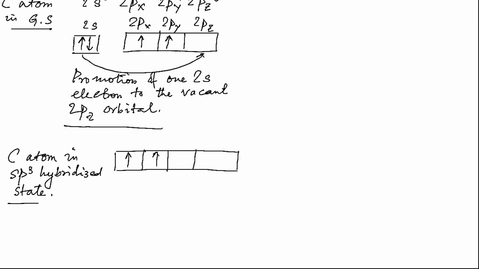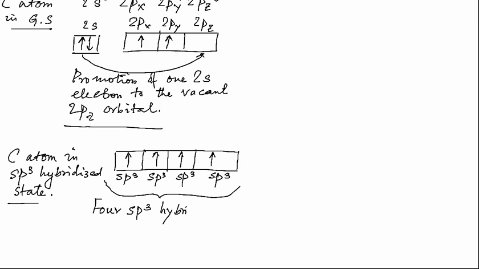One, 2, 3 and 4. So this is one sp3, this is another sp3, this is another sp3, and the final sp3 hybridized orbital. So there are 4 sp3 hybrid orbitals.